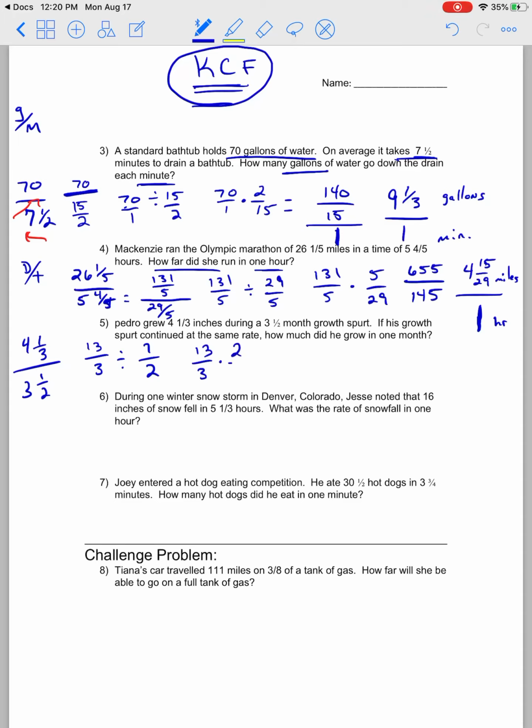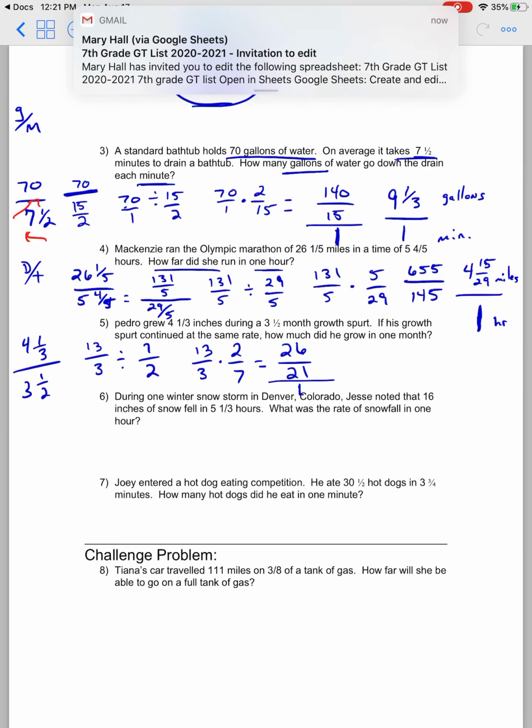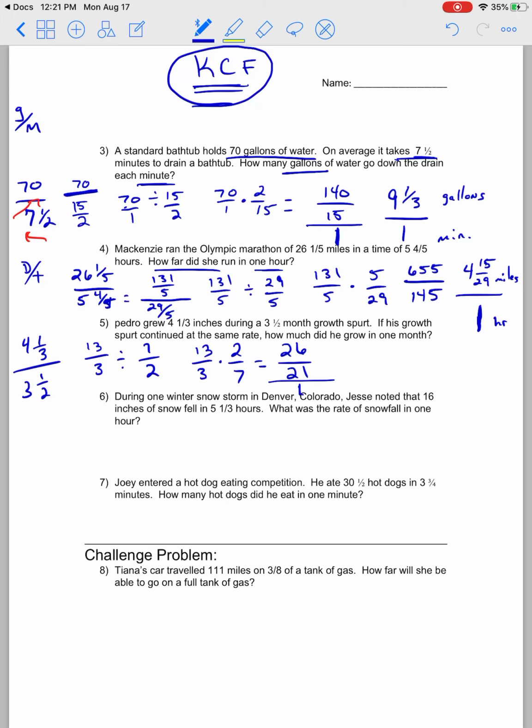Keep, change, flip. 13 over 3 times 2 over 7. That's going to give you 26 over 21. And remember, that is a unit rate, so that is over top of 1. Can we convert that to show us how many inches? 26 over 21 you can use, but let's change that up. 26 divided by 21 gives you what?